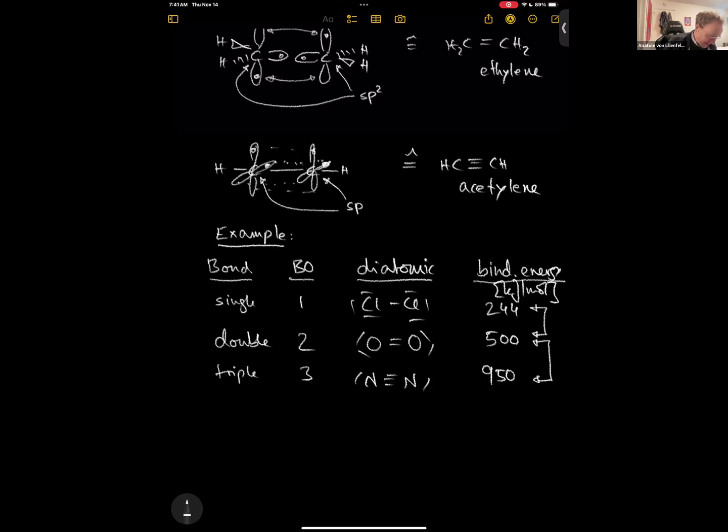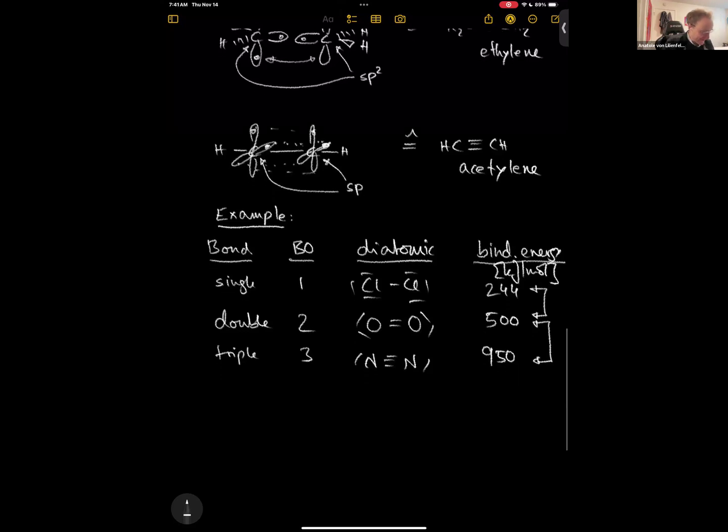And we should note, however, that these covalent bonds with multiple orders, so higher bond orders, typically occur only for the early, so second row elements, right? So second row main group elements.